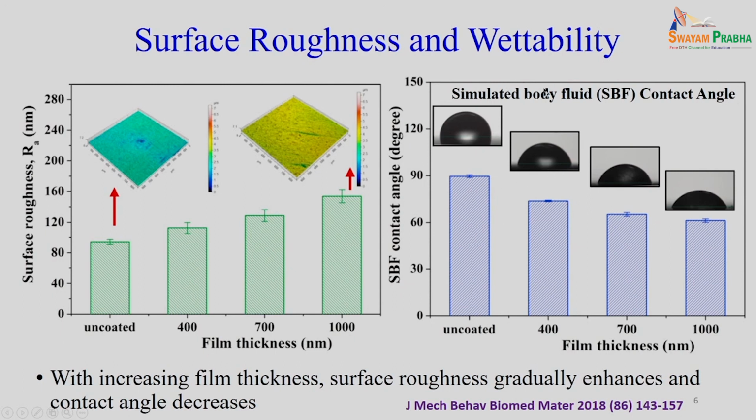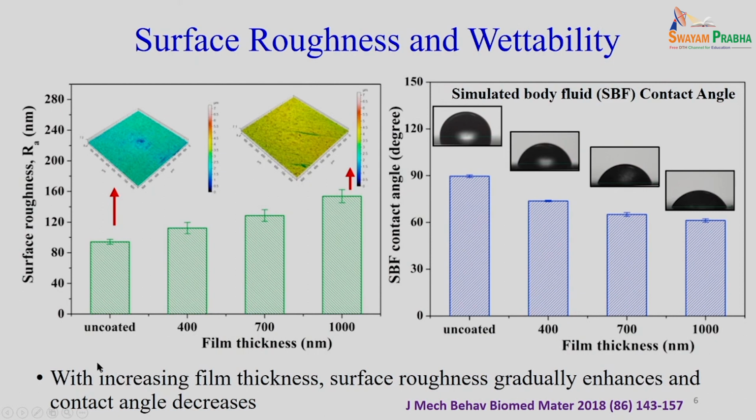Here for the contact angle measurement we used SBF, that is the simulated body fluid. On the titania it is very close to 90, or 89, 88, and then the contact angle is decreasing, further decreasing, and again decreasing at the highest coated surface, the highest thickness surface.